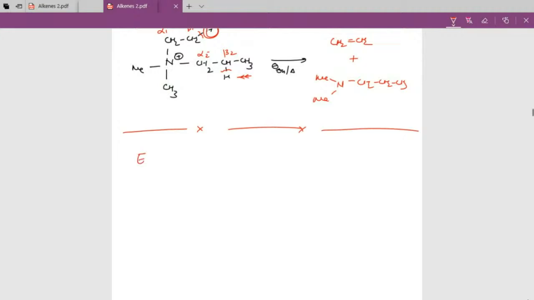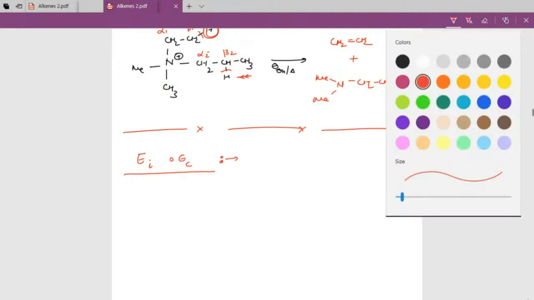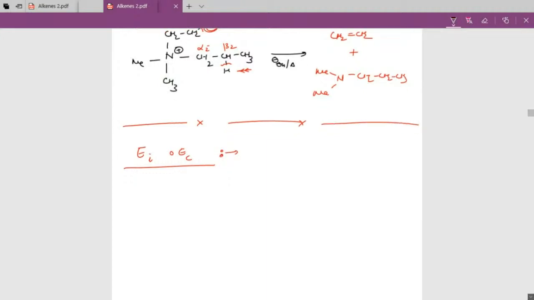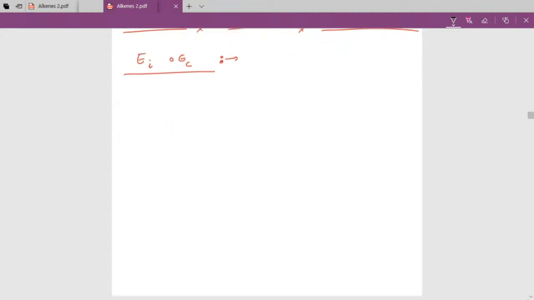Next, we move to something called Ei or EC. Ei or EC is a cyclic elimination. There aren't many examples for this. For the syllabus, we have only pyrolysis of ester. The fixed points for Ei are these.